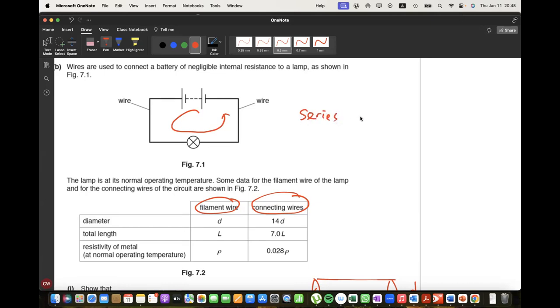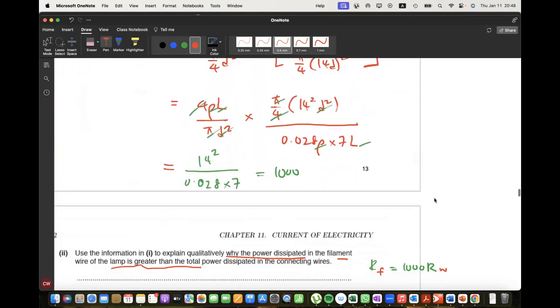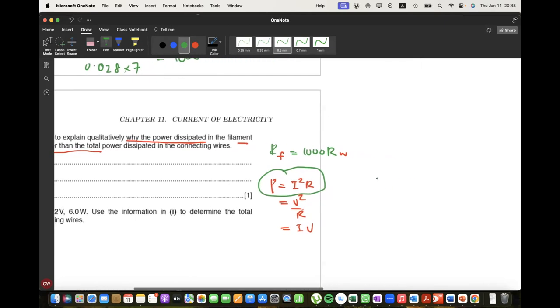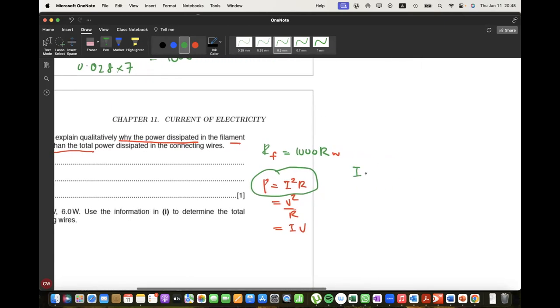What can we say about a series circuit? What is the same? Current. So current is constant. Do you see that? If current is constant, you need to use I squared R. So if I is constant, power depends on R. The greater the resistance, the greater the power. Okay or not?